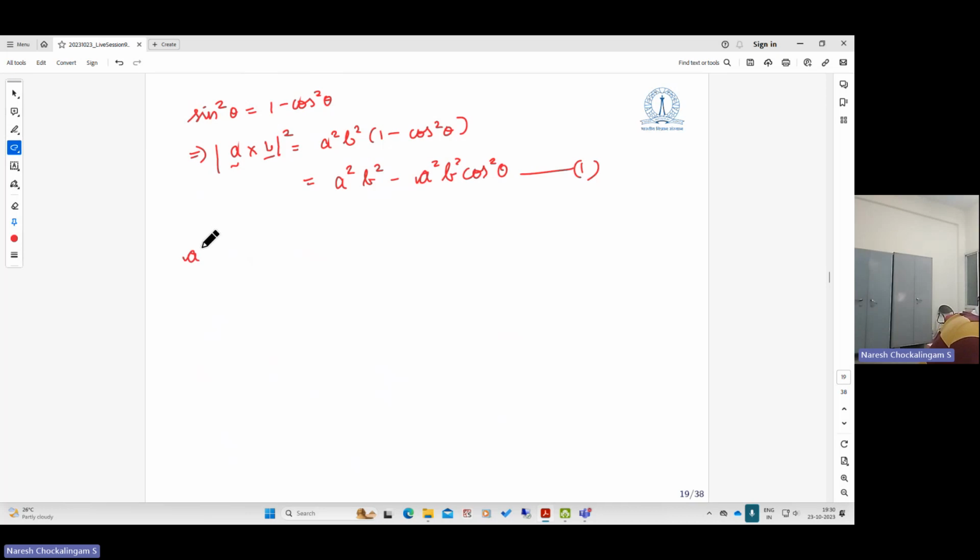Now let us look at this part, A square B square cos square theta. We can write this as AB cos theta the whole square. What is AB cos theta? AB cos theta is nothing but, so we have a vector A and you have a vector B enclosing an angle theta.